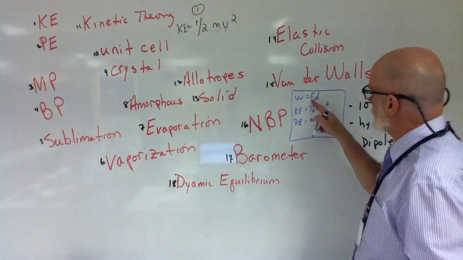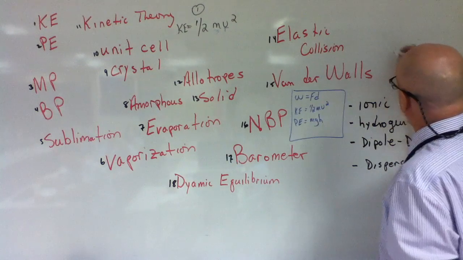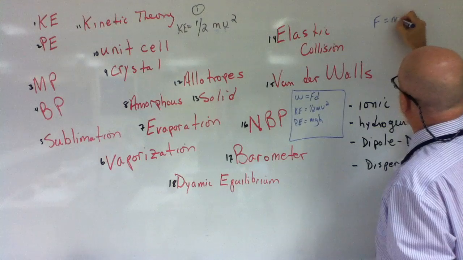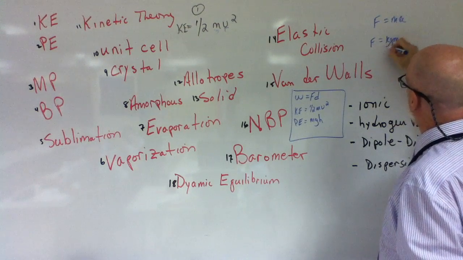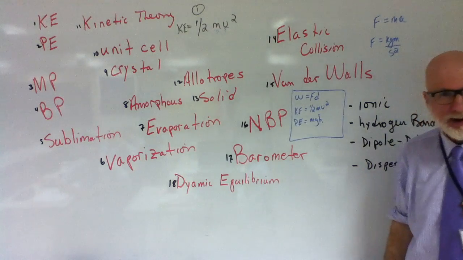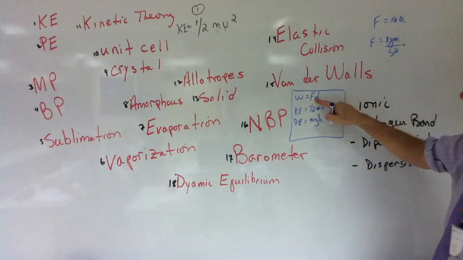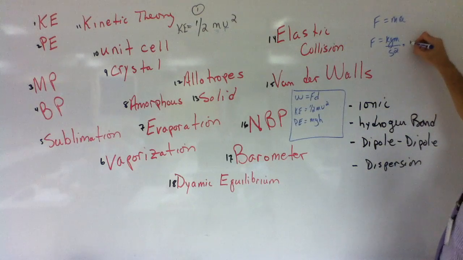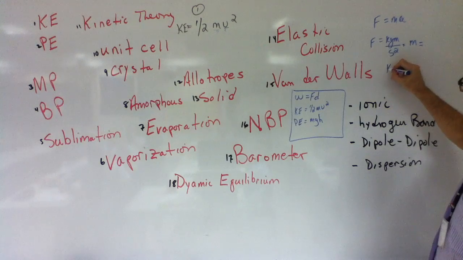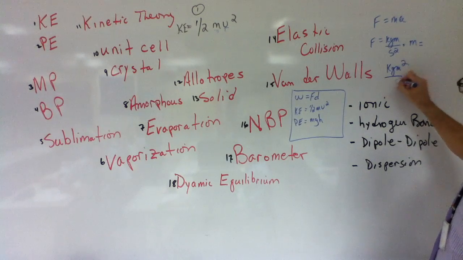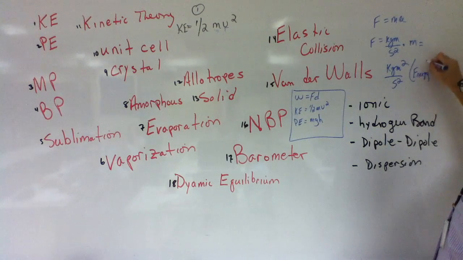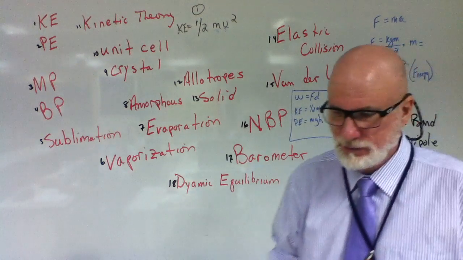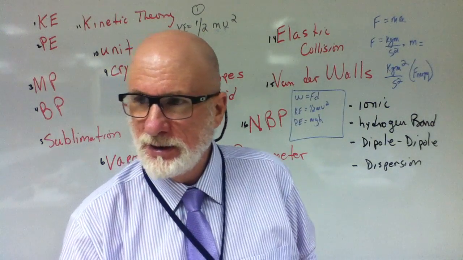Force is mass times acceleration, so force is going to be kilogram meters per second squared, correct? Times distance, which is meters, right? So that's going to be kilogram meter squared over second squared, as energy. Clear? So isn't that interesting?